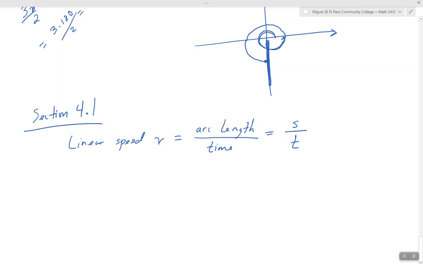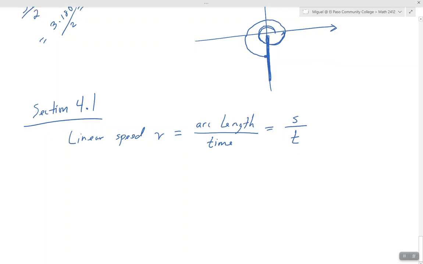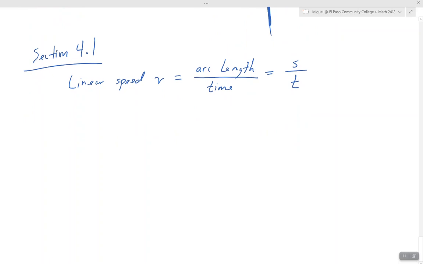A particle moving at a constant speed along a circular arc that has radius r. If S is the length of the arc traveled in time t, then the linear speed v is given by the formula you see there. Moreover, if theta is the angle in radians corresponding to the arc length that the particle is traveling on, so think of like earlier we looked at a circle, right?